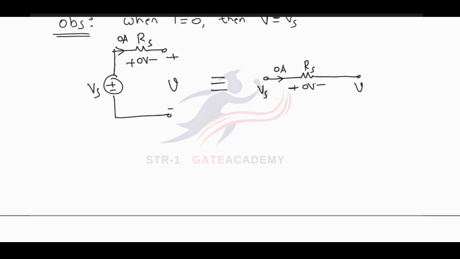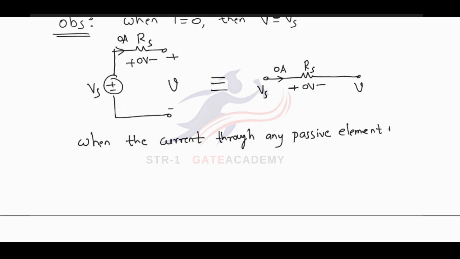So what we can conclude is, when the current through any passive element is 0, then the two end voltages are equal.